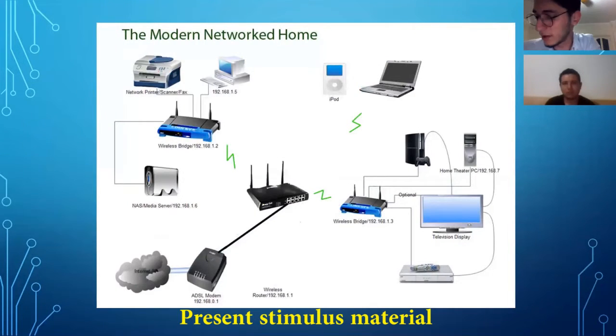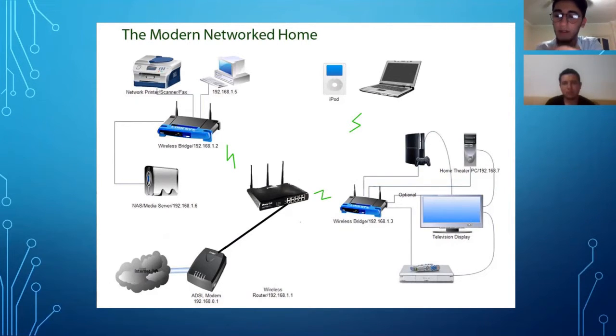Here is an example of a modern networked home. This image shows all the connections. Can you name some of them? Can you interpret this photo? What is happening, what is it showing?